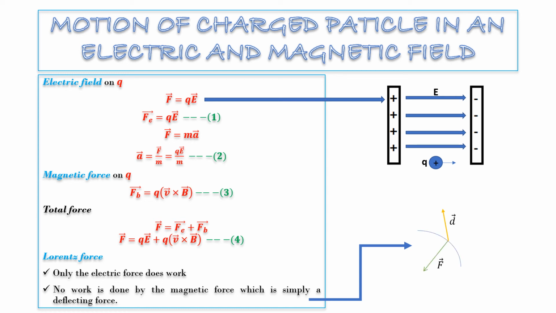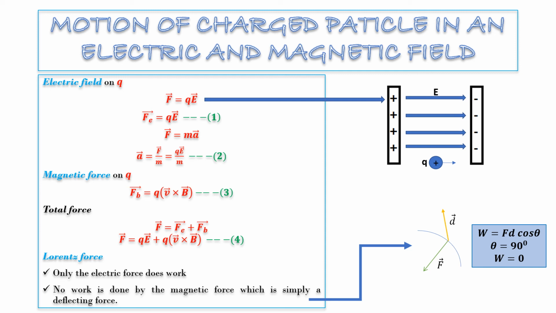Here the diagram indicates the work done equation, W equal to force into displacement. Since the magnetic force and displacement are perpendicular to each other, here theta equal to 90 degrees. So we substitute 90 degrees into cos theta.